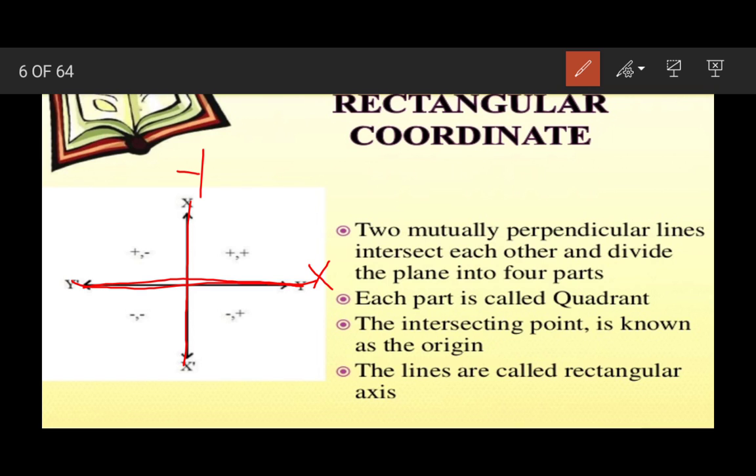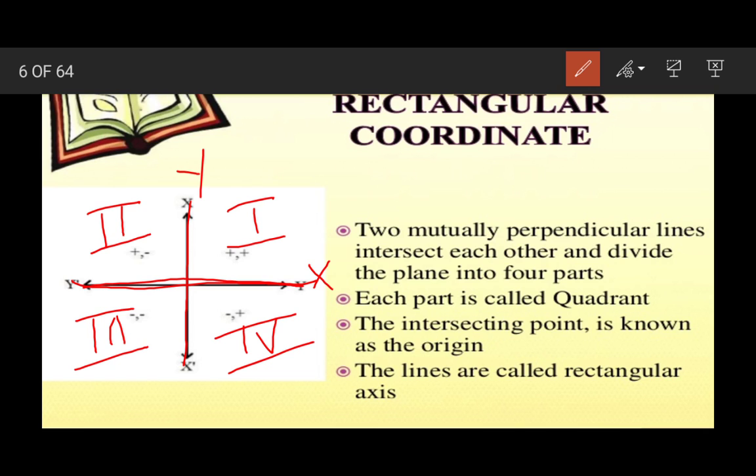When it divides, we get 4 quadrants: first quadrant, second quadrant, third quadrant and fourth quadrant. On this side we get all positive numbers like 1, 2, 3, 4 and so on.